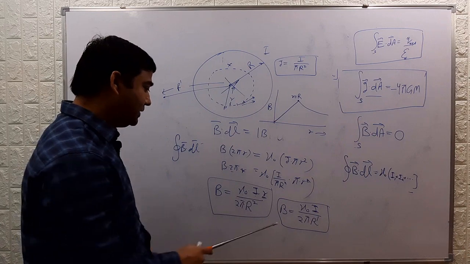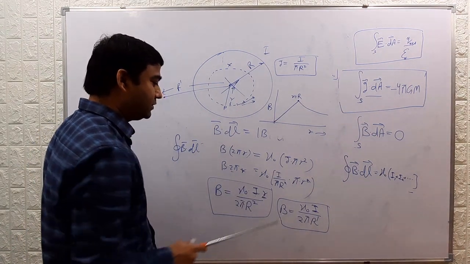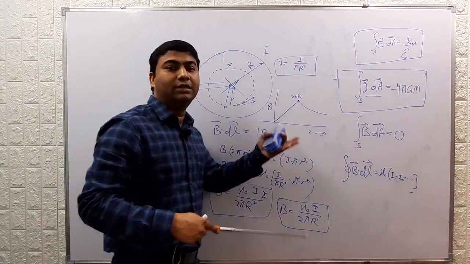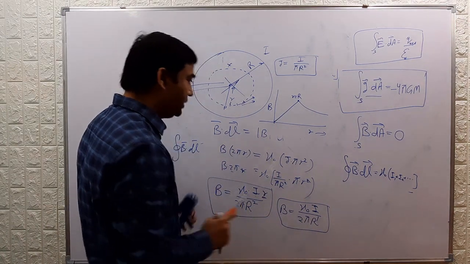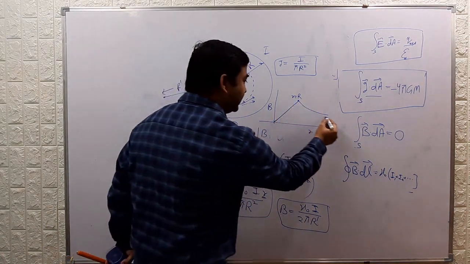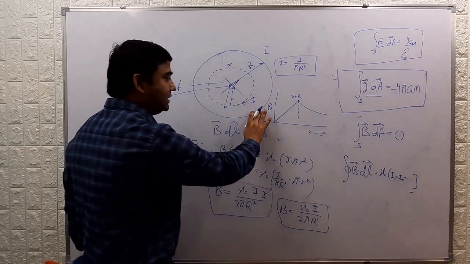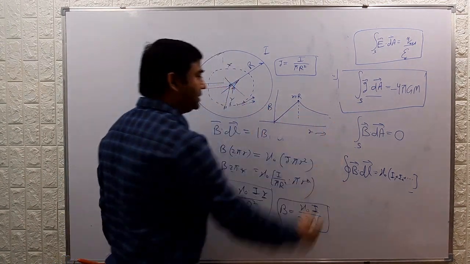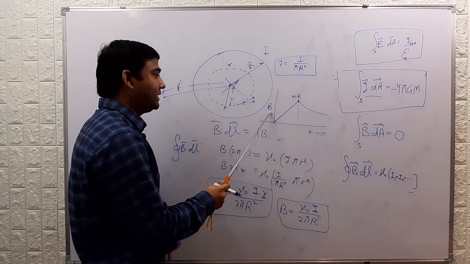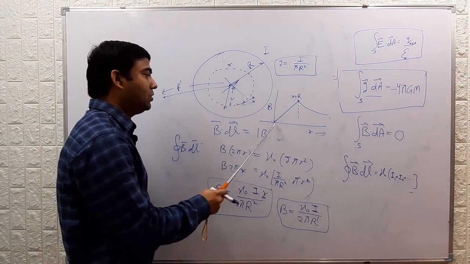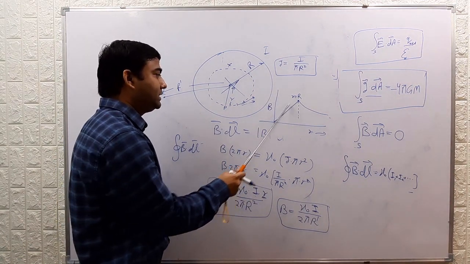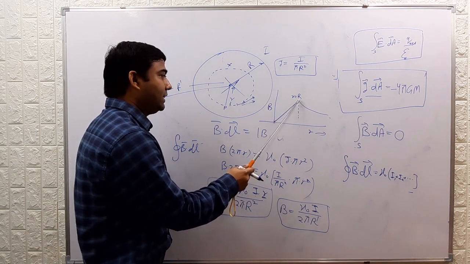So this is inversely proportional to the distance from the center outside the wire. The magnetic field decreases after the surface of the wire has been reached and you are moving beyond the surface. So this is the magnetic field and this is the distance from the wire. This is how the profile of the magnetic field changes inside the wire and outside the wire.